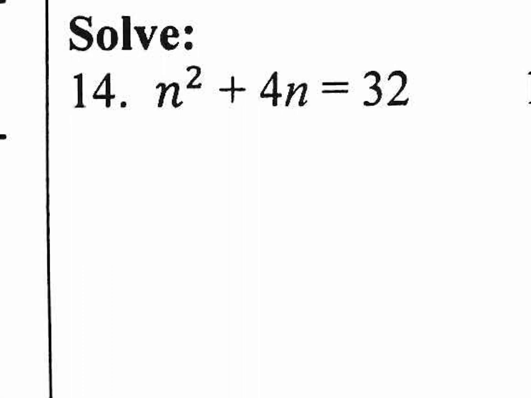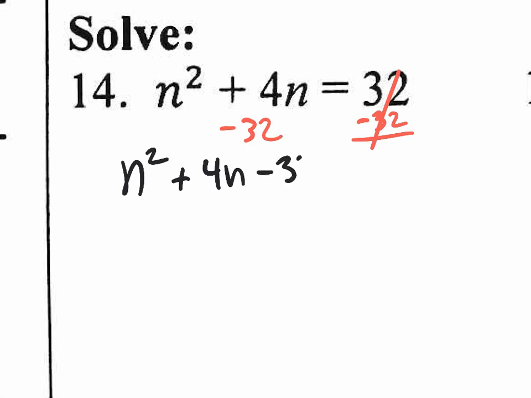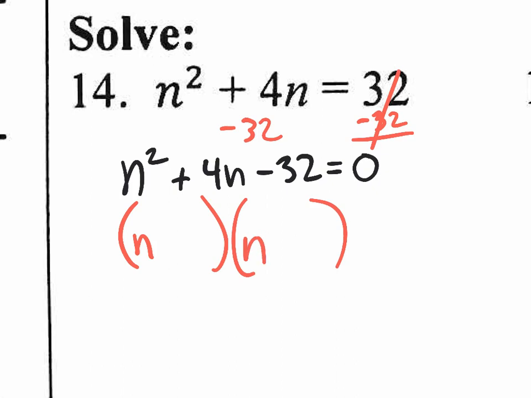Number 14 is not equal to 0 yet, so what do I do first? Subtract 32. You can't really subtract it. Let's rewrite it: n squared plus 4n minus 32 equals 0. So we have this quadratic trinomial with the a value of 1. Now we could factor by setting up the factored form, n right there, n right there.